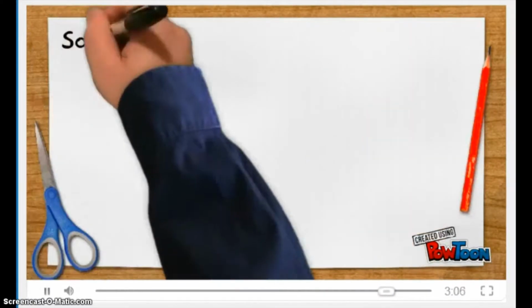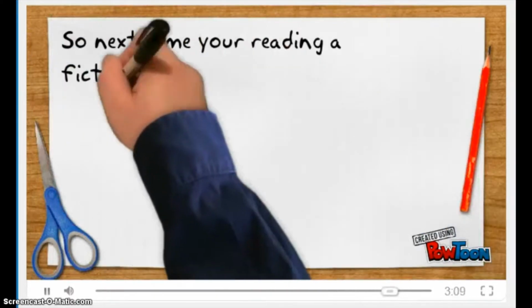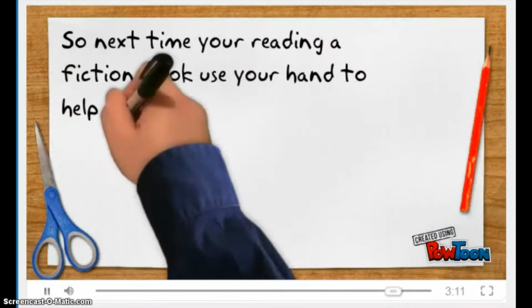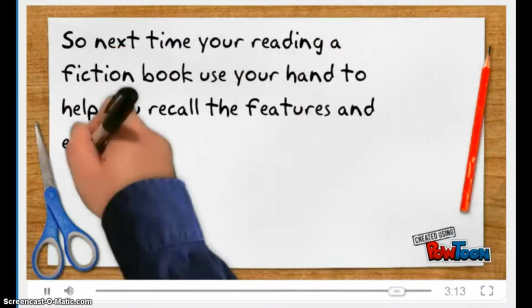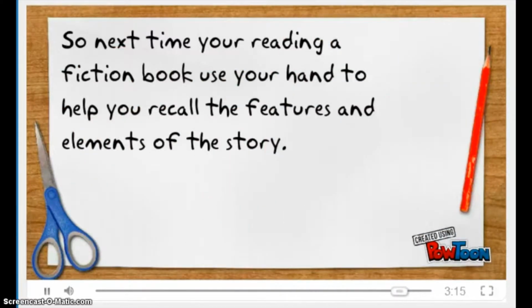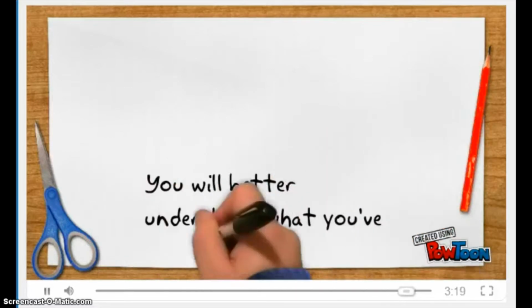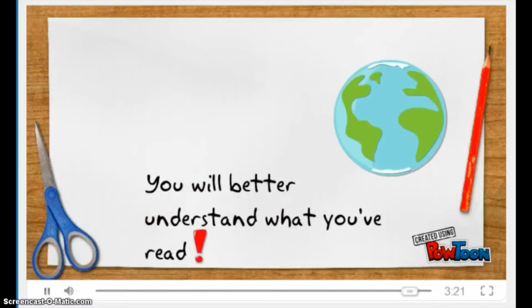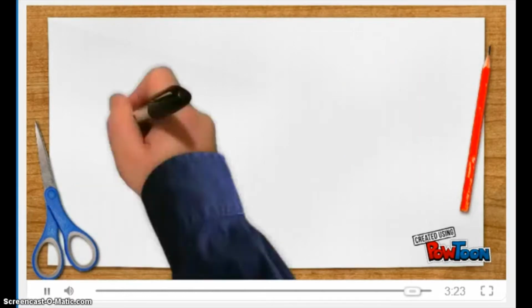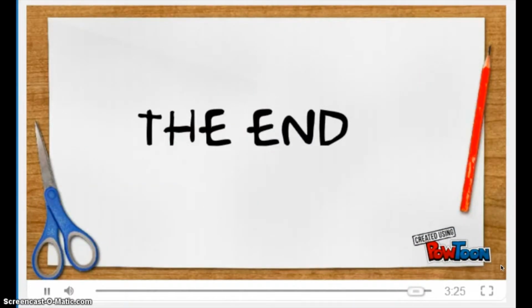So next time you're reading a fiction book, use your hand to help you recall the features and elements of the story. The story element 5. It will help you better understand what you've read. The end.